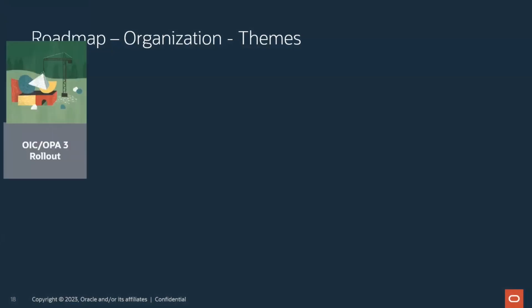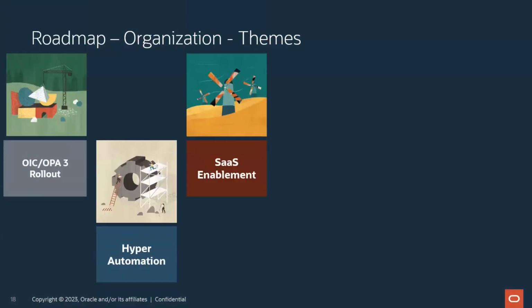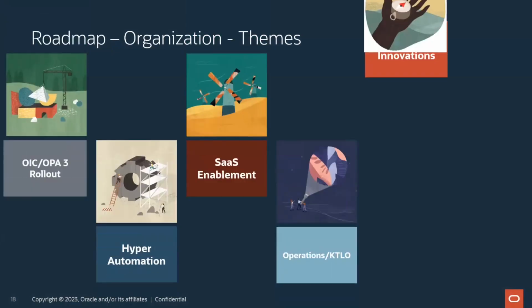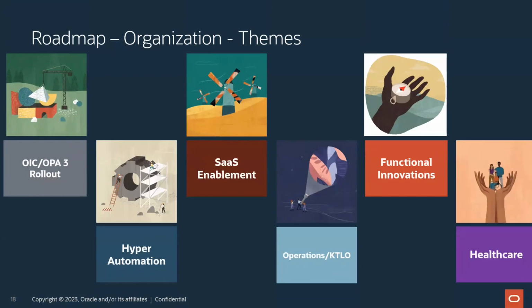So our roadmap is organized into themes. Now, these themes, like the OIC OPA 3 rollout. As we're talking about OIC 3, most people are still on generation 2.